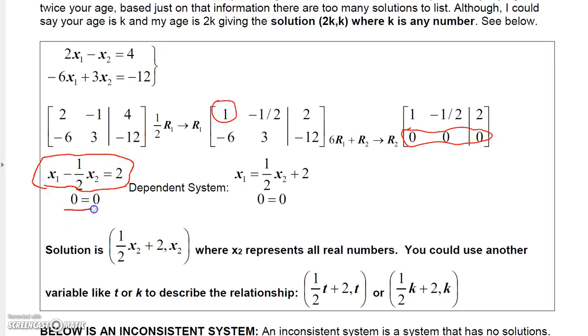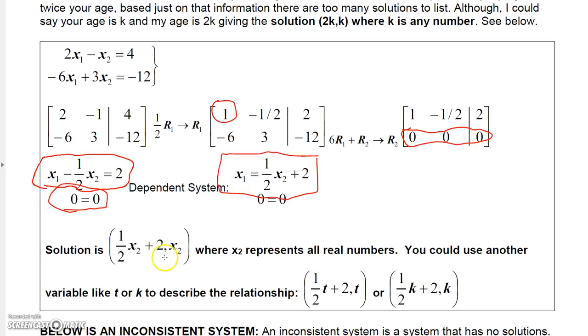And then the second row just says 0 equals 0. Well, that's an identity. So all I have to do is solve this for x1, and I get that x1 is dependent upon x2. So x1 is equal to 1/2 x2 plus 2.